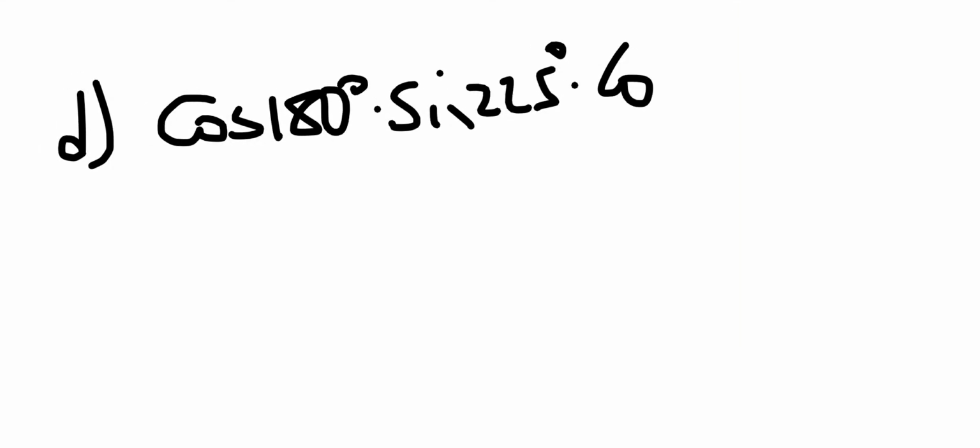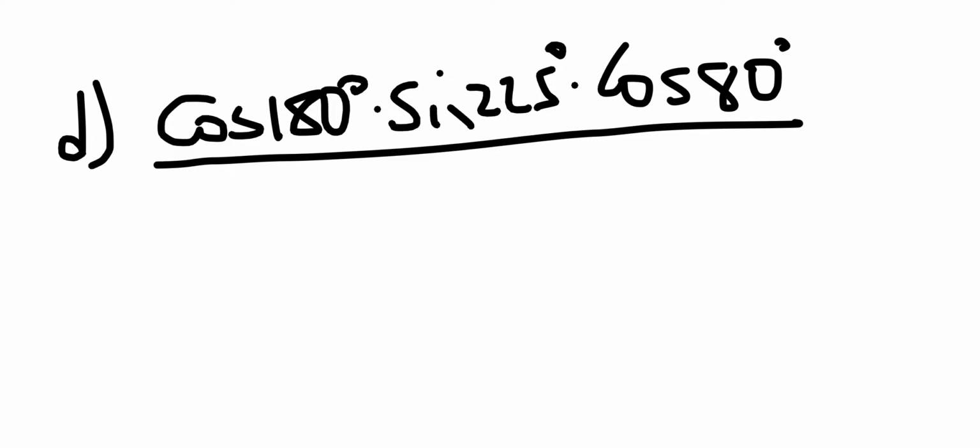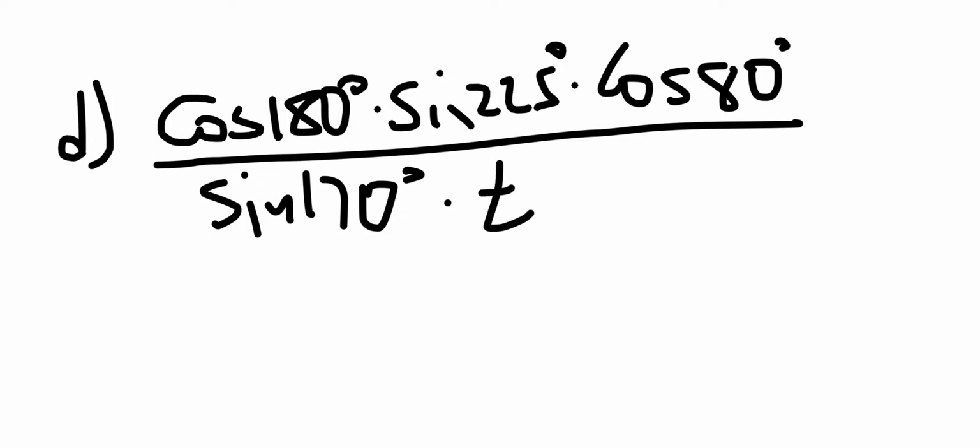Let's say we are having cos of 180 degrees, that is being multiplied by, let's say, sine of 225 degrees, that is being multiplied by, let's say, cos of 180 degrees, whole of that, maybe let's divide it by sine of 170 degrees, that is being multiplied by tan of 135 degrees.